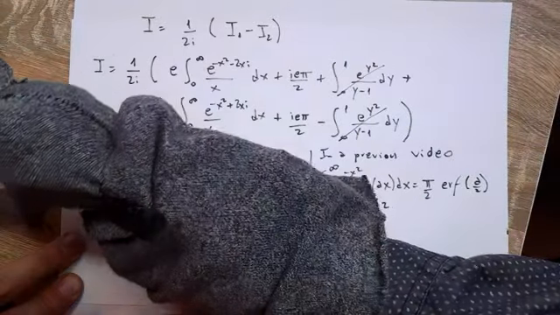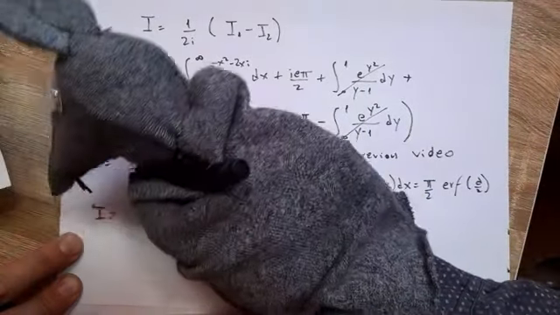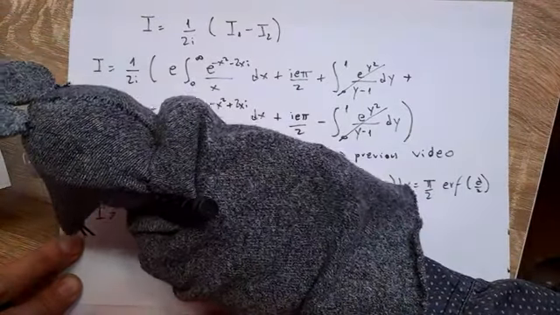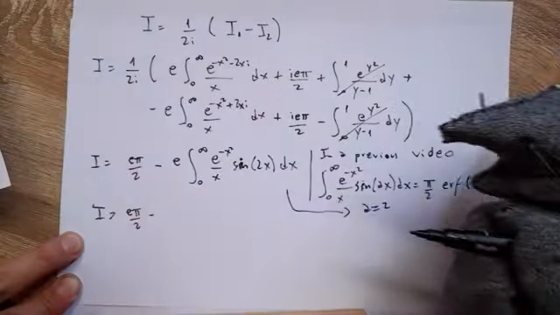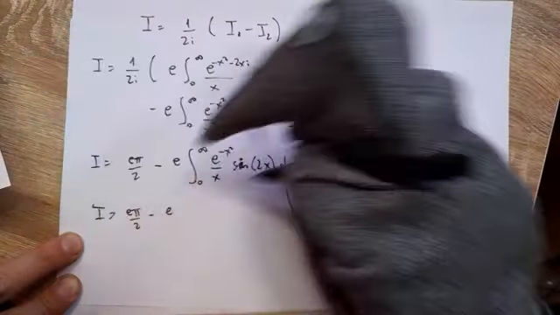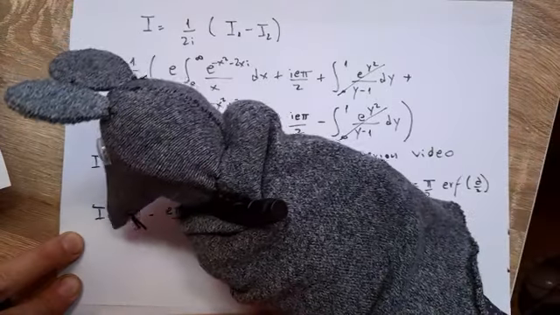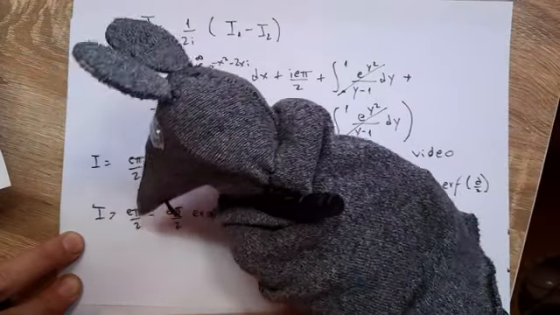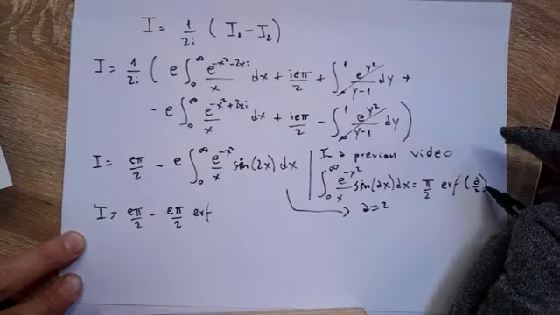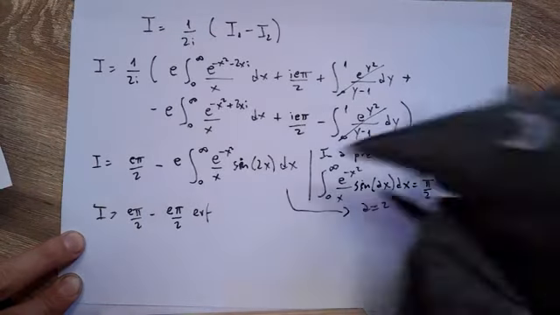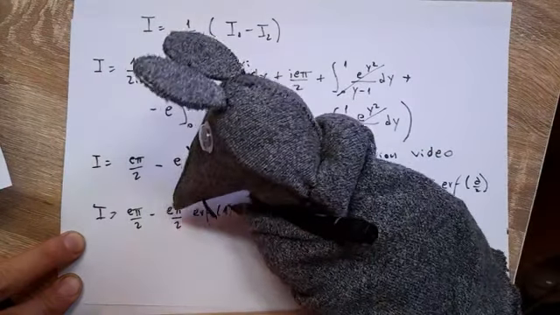So finally, we got that I equals e pi over 2 minus e times pi over 2 times ERF of a over 2, that is 2 over 2 is 1, ERF of 1.